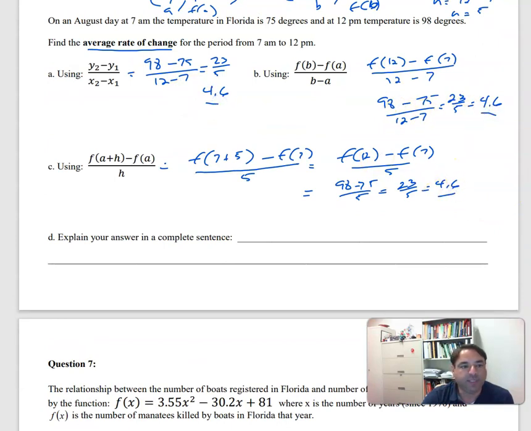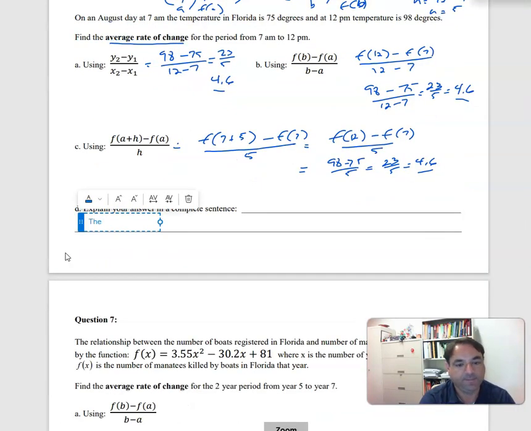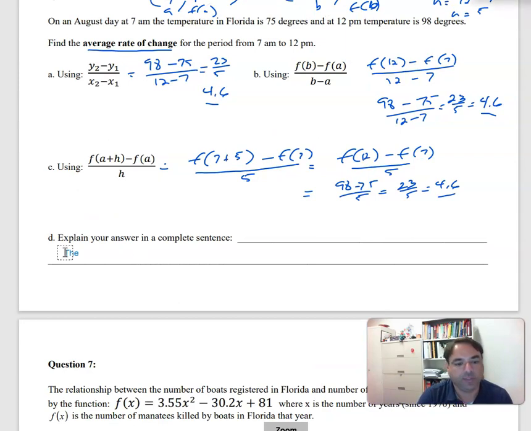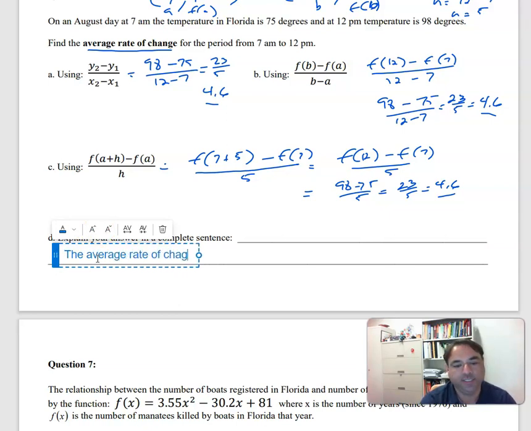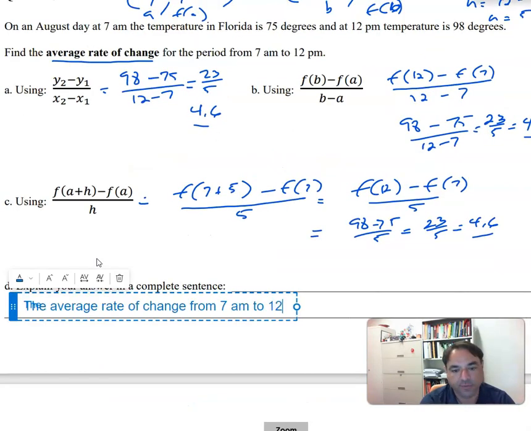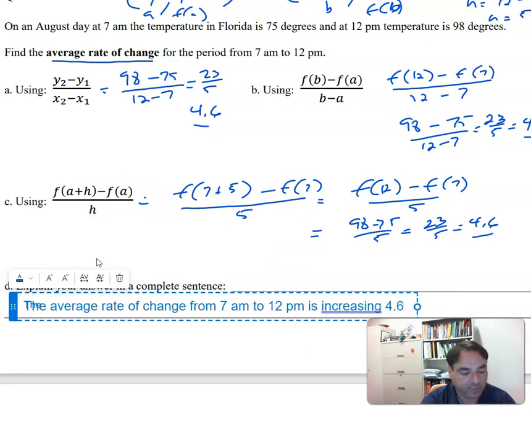So if we write this in a sentence, it would be: the average rate of change from 7 a.m. to 12 p.m. is increasing, because it's positive, 4.6 degrees Fahrenheit.